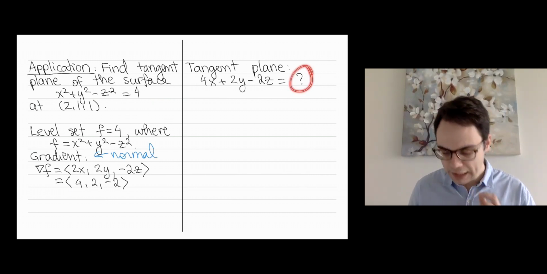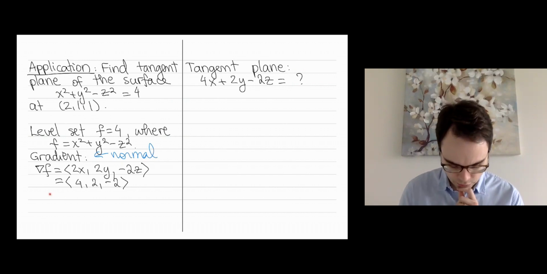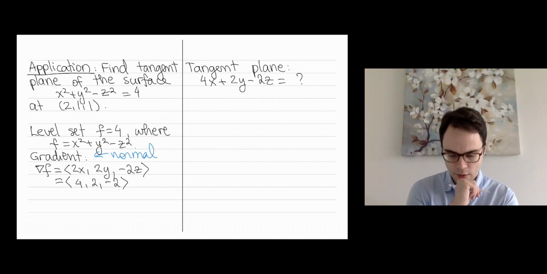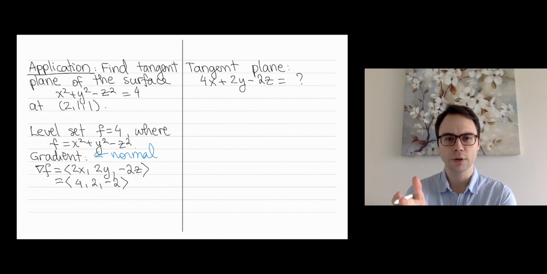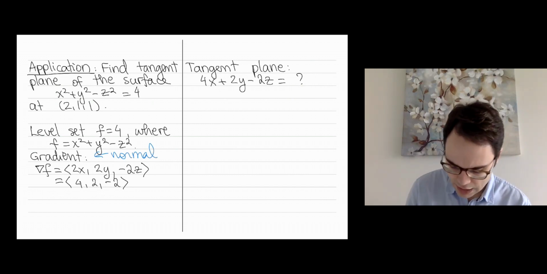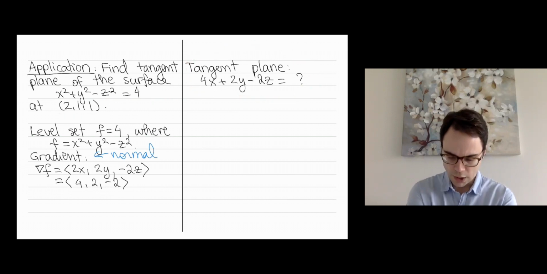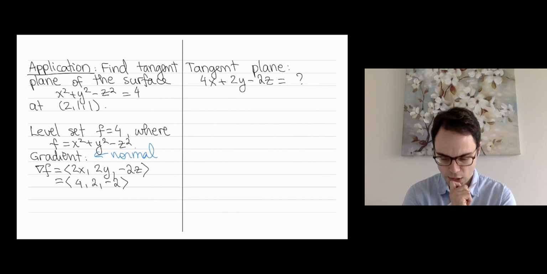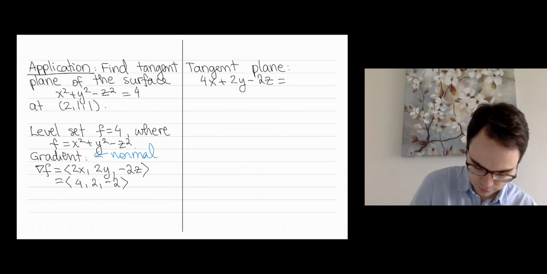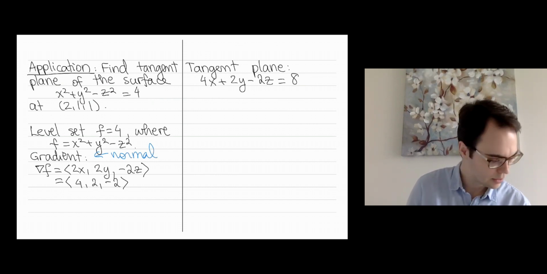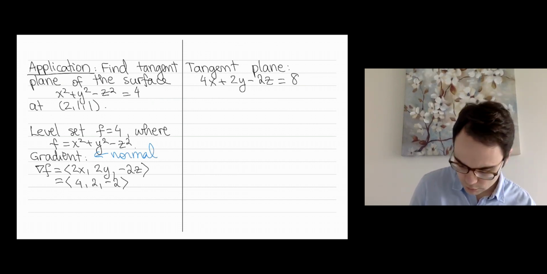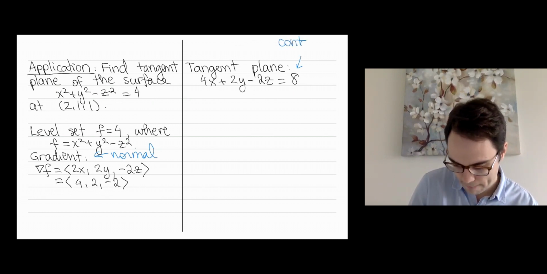The right-hand side doesn't come from the normal vector, but I know the tangent plane has this shape. How do I figure out the right-hand side? The tangent plane has to go through the point (2, 1, 1), so this equation must be true when x is 2, y is 1, and z is 1. This tells me that the right-hand side must be 8, because the plane contains (2, 1, 1).